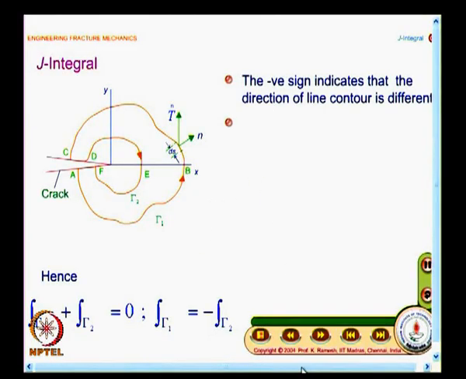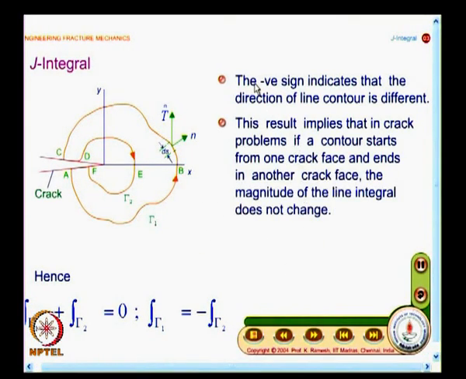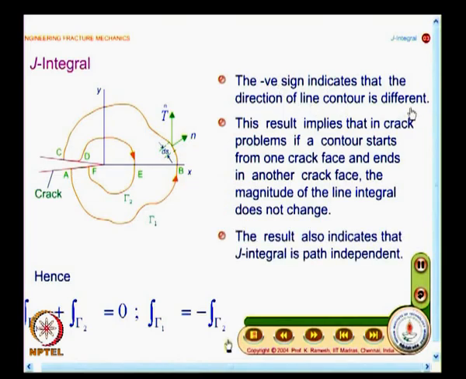That is what is summarized here. The negative sign indicates that the direction of line contour is different. This result implies that in crack problems, if a contour starts from one crack face and ends in another crack face, the magnitude of the line integral does not change.